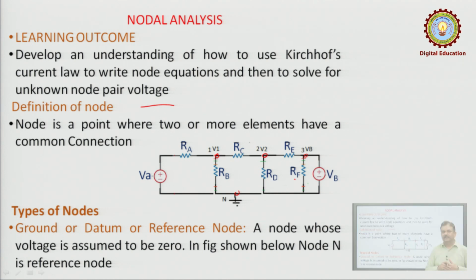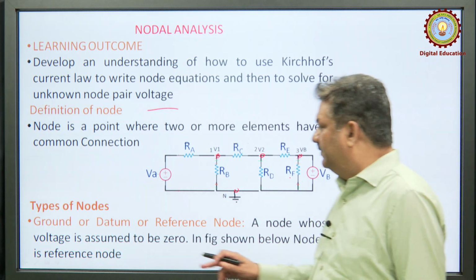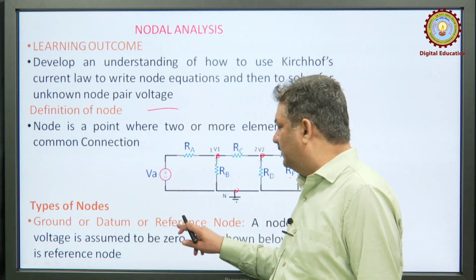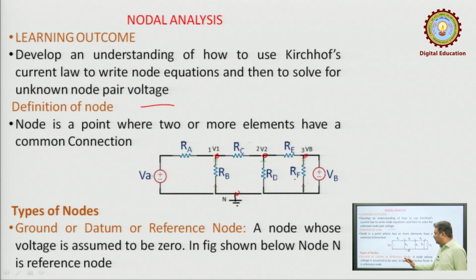Now, let us discuss the types of node. First we will begin with the ground or datum or reference node. A node whose voltage is assumed to be 0 is considered the reference node. I will repeat once again, the node whose voltage is assumed to be 0.